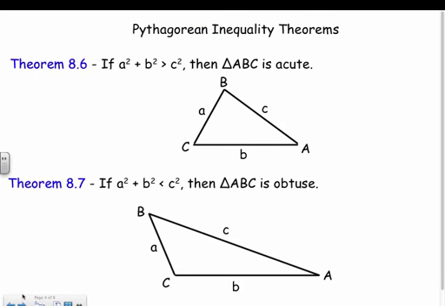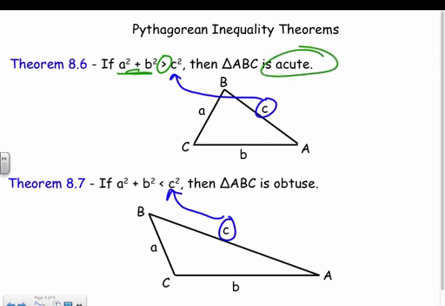We have two other theorems, though, to find out if it's acute or obtuse: the Pythagorean inequality theorems. If I use the Pythagorean theorem and put the largest side in for c, and a squared plus b squared happens to be greater than c squared, I know it's acute, because the biggest side is a little bit smaller.